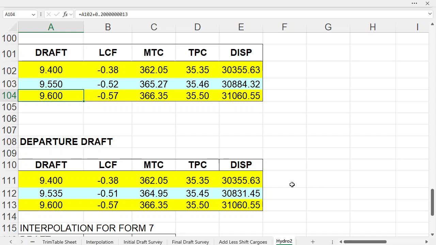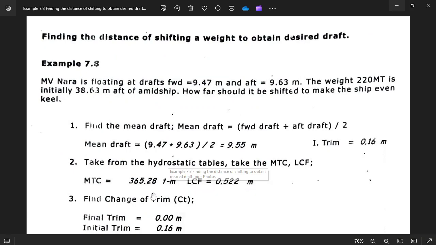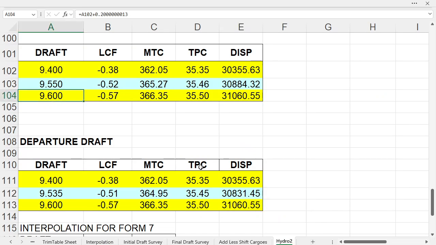Its displacement will be, MTC will be 365.28. And its LCF is 0.552. It says 52 here.